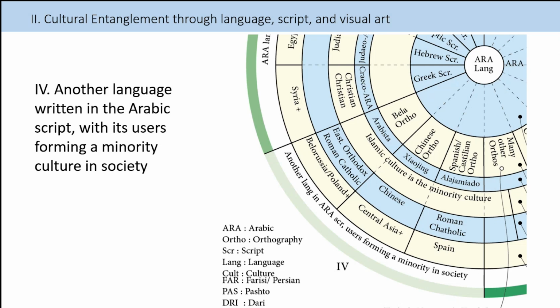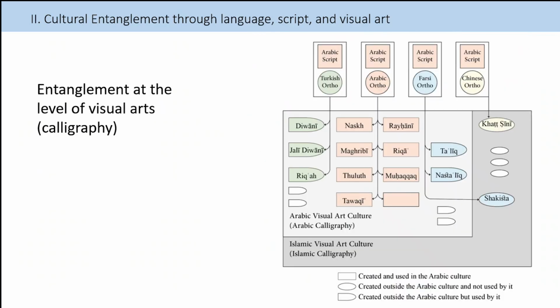Then in Chinese society in Central Asia, we have the Xiao'erjing case, where Chinese is written in Arabic script. And also in the Belarus and Poland area, the Lipka Tatars used Arabic script to write the language of that place, called Arabitsa. So those are the four relations between them.